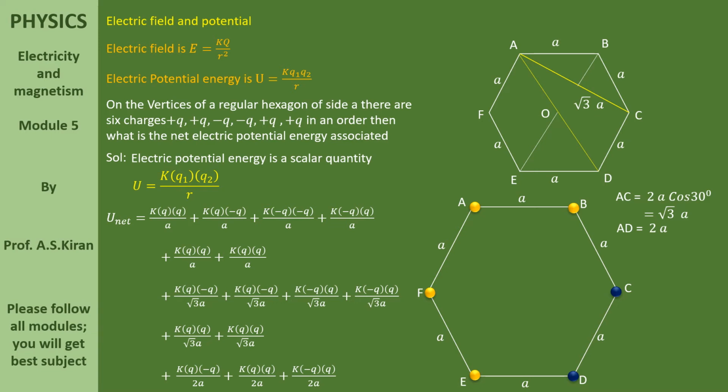Please remember, while calculating electric potential energy of many particles, maybe vertices of a hexagon, a pentagon, a square or a triangle, whatever be the number of charged particles, it is a cautious note for you: pairwise, all pairs you should consider, but without repetition. Now, of course, it is a simple calculation. Let us observe now.